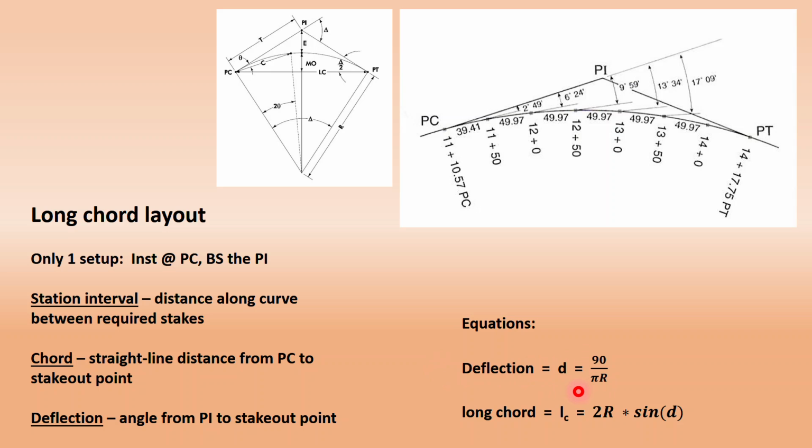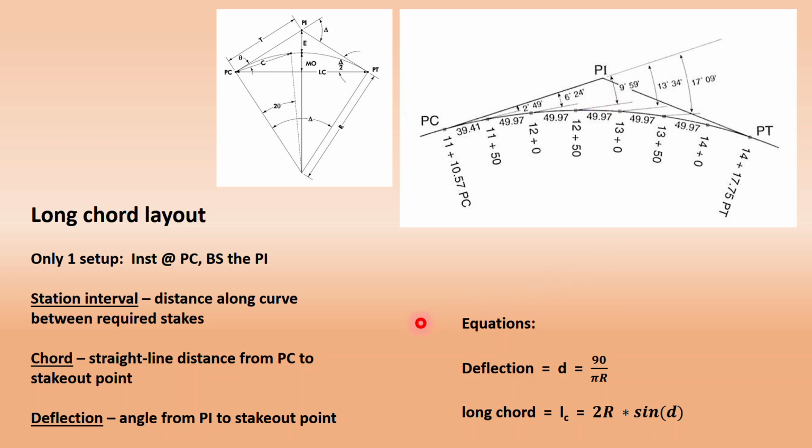But we'll come back to this equation. And then the long chord, little l subscript c, is equal to 2 times the radius times the sine of the deflection angle for whichever chord it is that you're computing at the time. So right, if we're going to be staking points along this arc, every station is going to have its own chord and its own deflection angle.